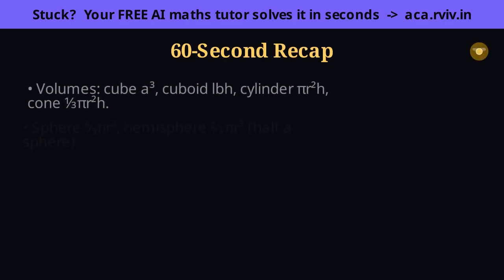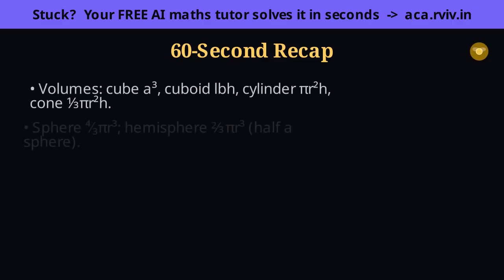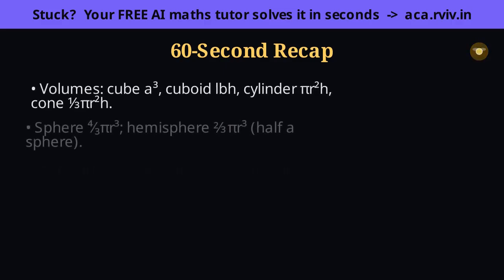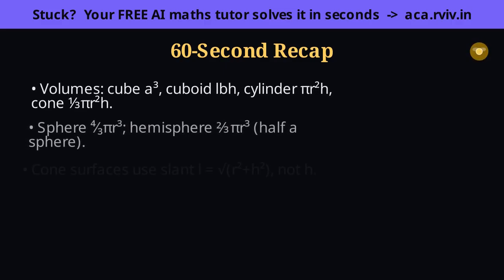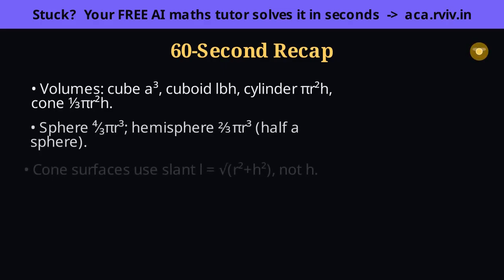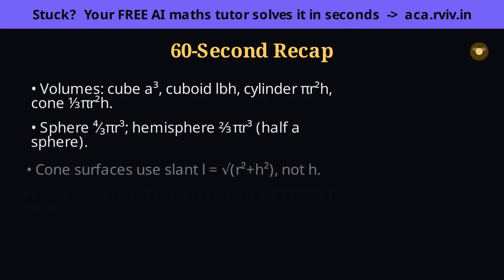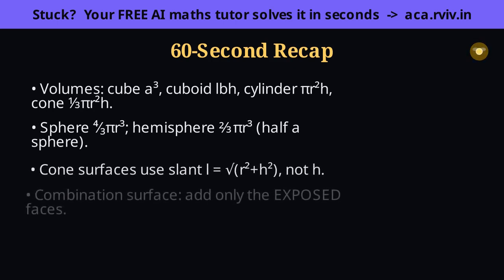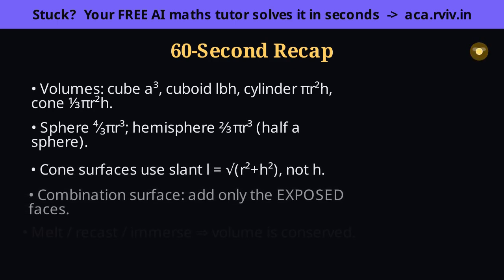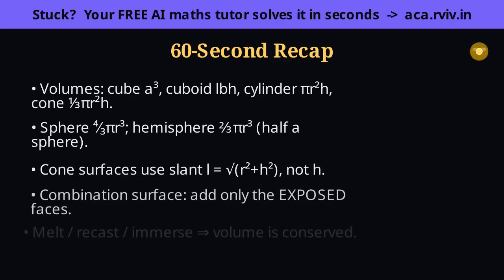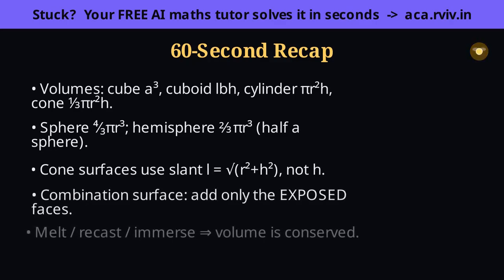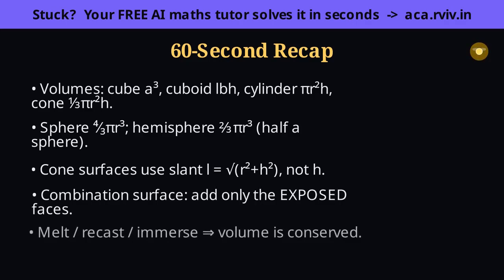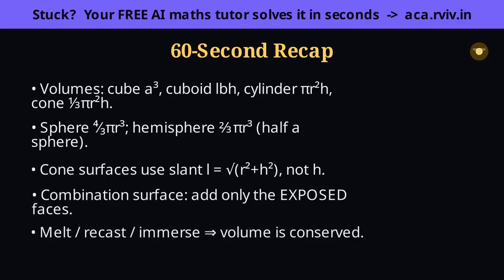Surfaces are just unrolled nets, and cone surfaces use the slant height L, the square root of r squared plus h squared, never the vertical h. For a combination, add only the exposed faces, because the joined ones are hidden inside. And melting, recasting, or immersing always conserves the volume, with pi cancelling. Hold those pictures, not just the symbols, and you're exam ready.